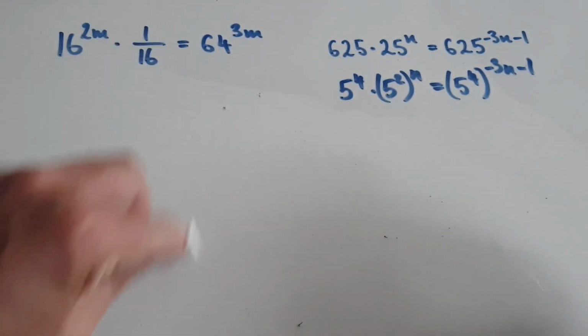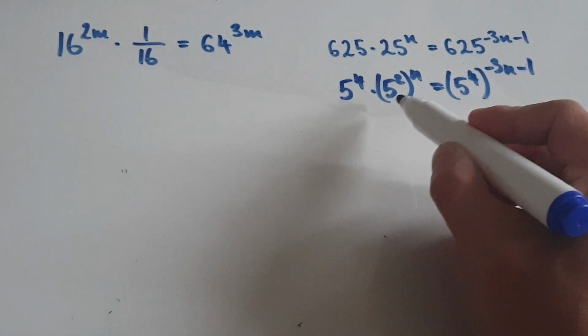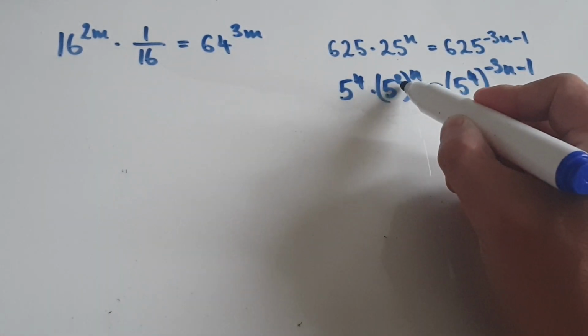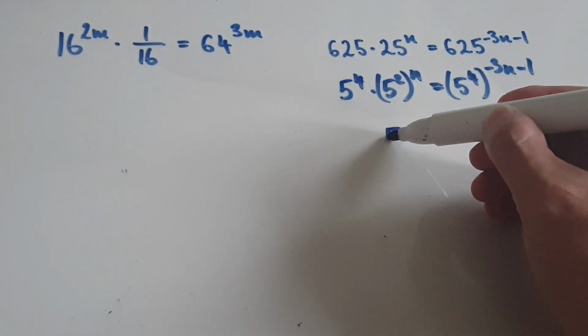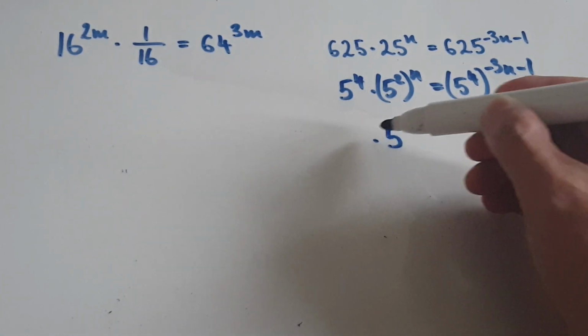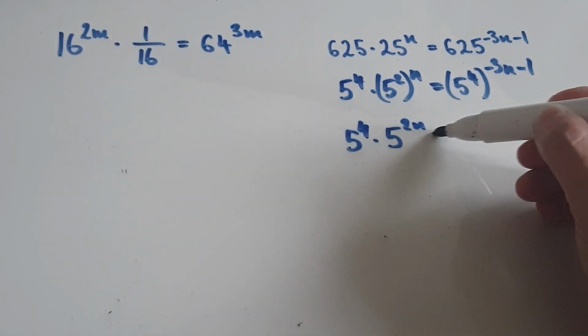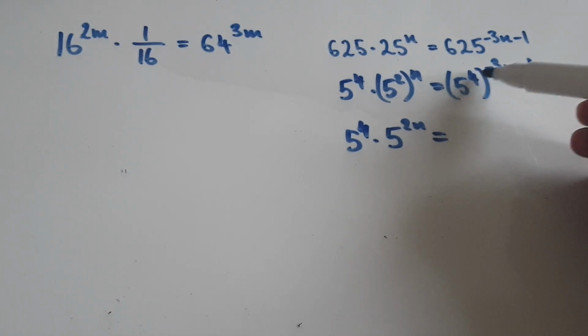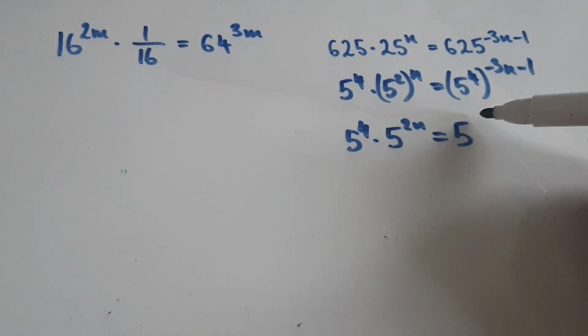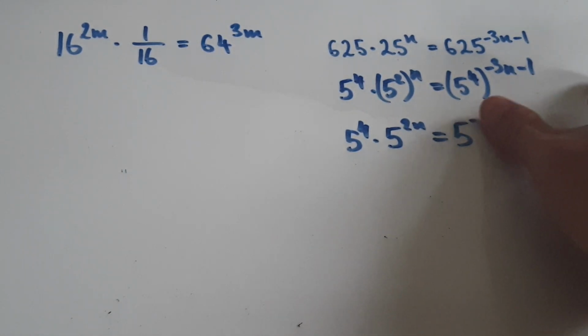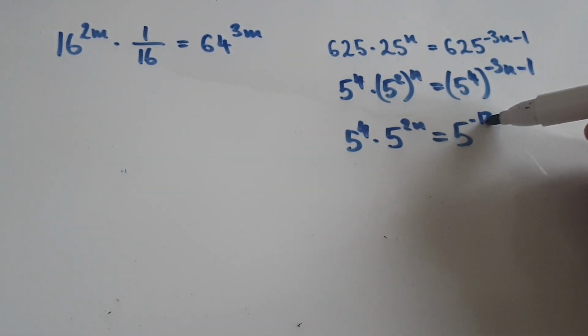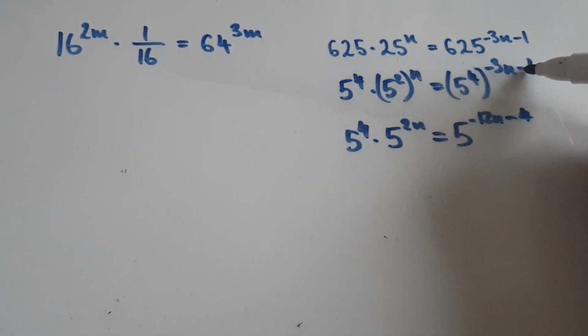Now it's just a matter of blindly tidying this thing up. 2 times n, that will be 5 to the power of 2n, and then to the power of 4. It would be this times this, that would be 5 to the power of 4 times negative 3n, that would be negative 12n, and then negative 4, because this times this.